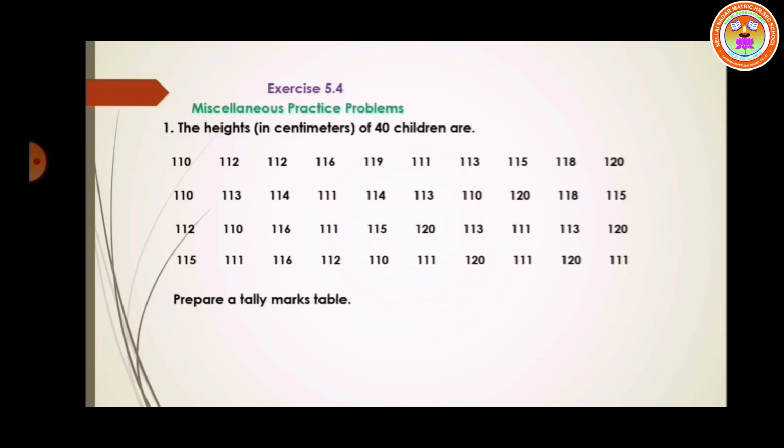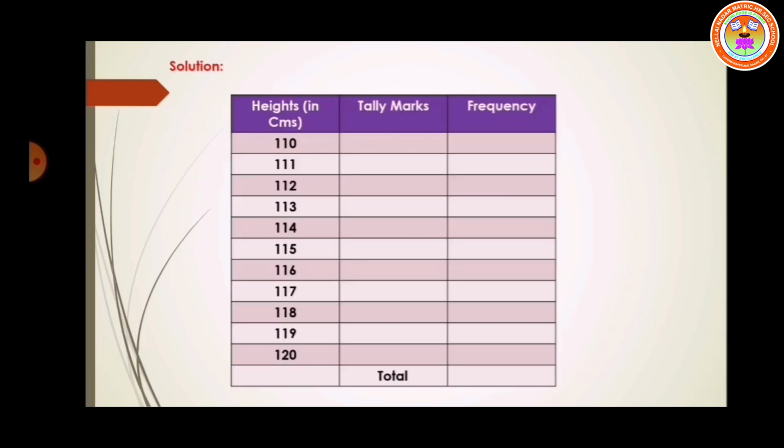Here they have given the heights of 40 children. First, we have to draw a table consisting of 3 columns. First column is for heights of children. Second column, tally marks. Third column, frequency.